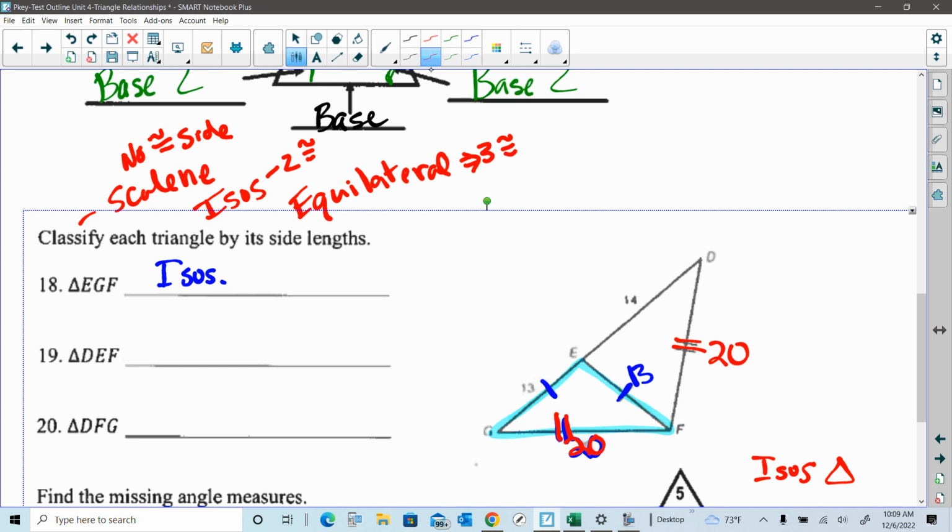To do triangle DEF, if I just trace the letters from D to E to F, 14, 13, and 12 has no sides congruent. So this would have to be scalene.